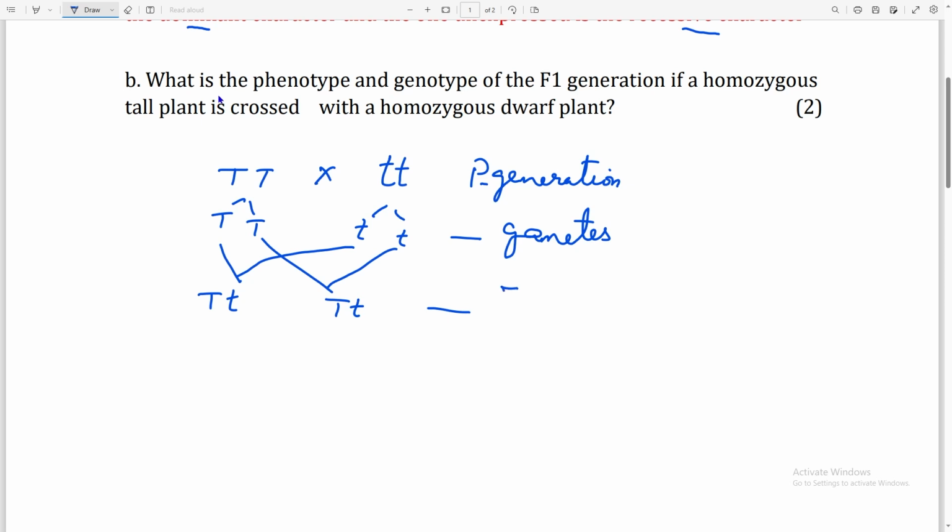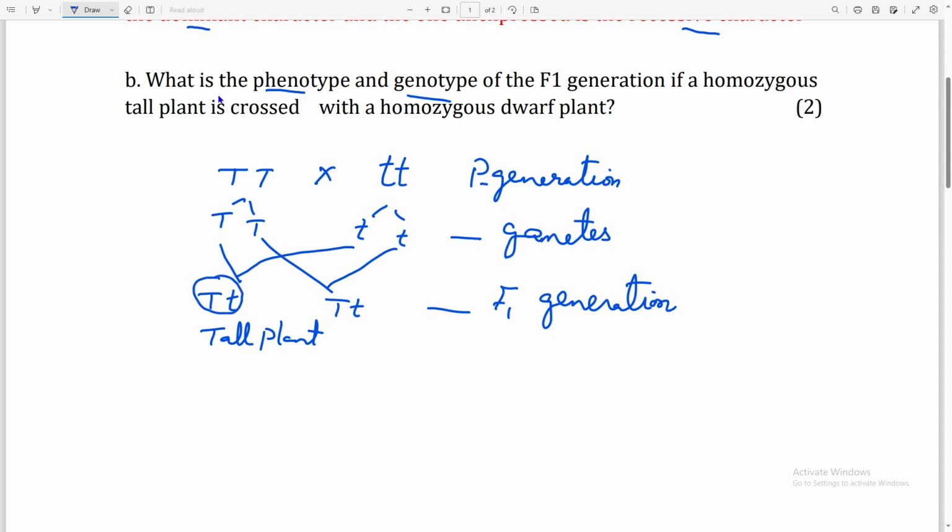This is the F1 generation. So in the question it is asked, what is the phenotype and genotype? So for the phenotype we have to find out, capital T small t. What is the phenotype? It is tall plant. And what is the genotype? Capital T small t is the genotype.